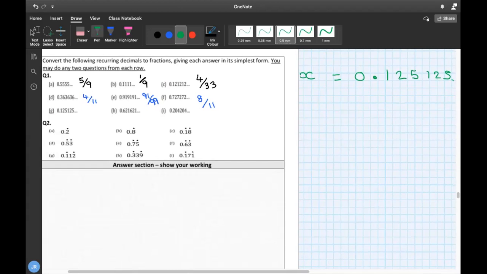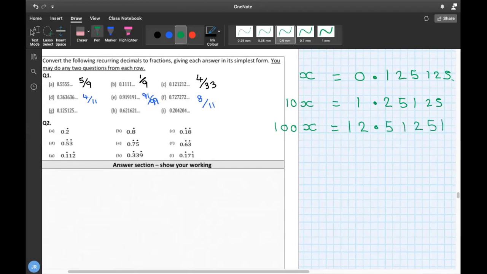Okay, so let's see what happens when we try 10x. That's not going to work. We've got 1.251. That's out of sync. That doesn't work. Let's try 100x. That would be 12.512.